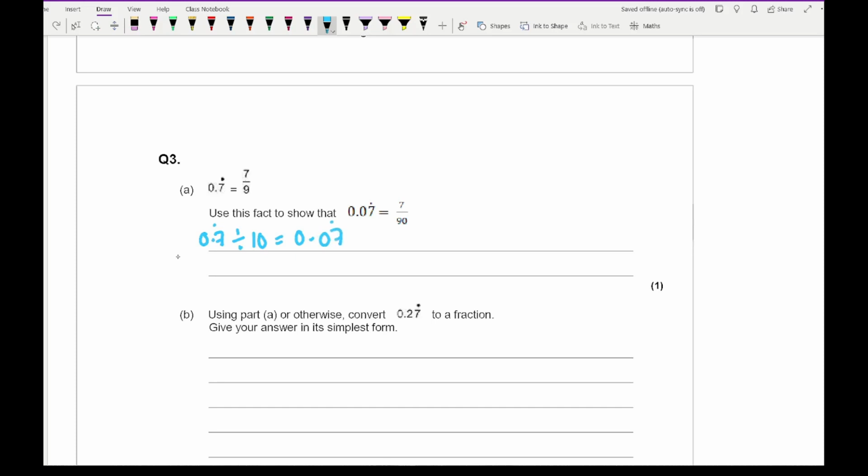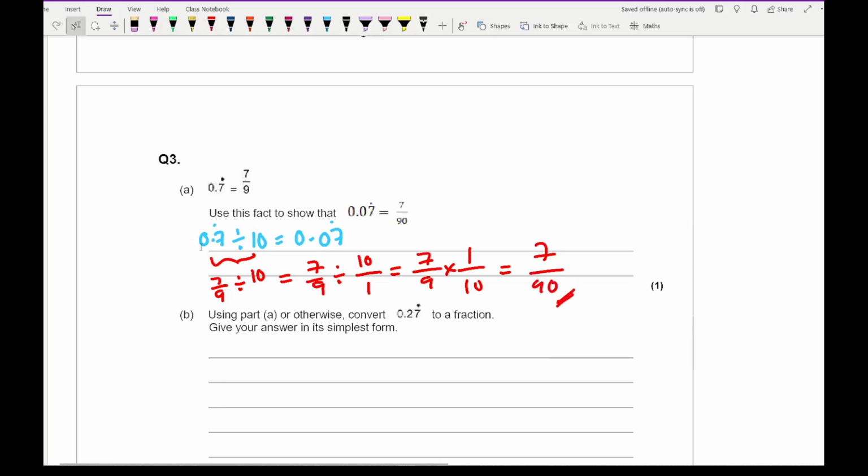Then we can write this as a fraction: 7/9 divided by 10, which is 7/9 divided by 10/1, which is 7/9 times 1/10, which is 7/90.